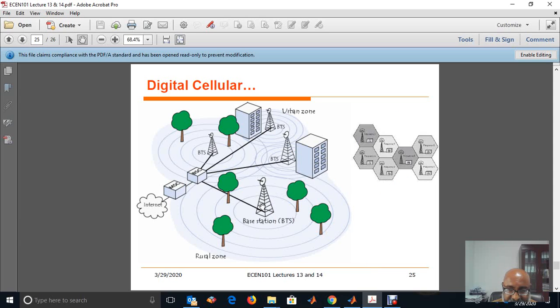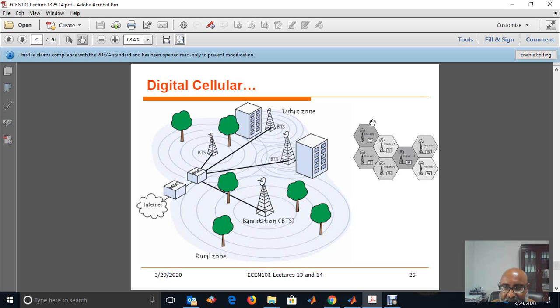Base stations means these transmitting power stations, and they transmit power everywhere. So the mobile detects the transmitter power from the base station. So here, for example, is the transmitter tower.